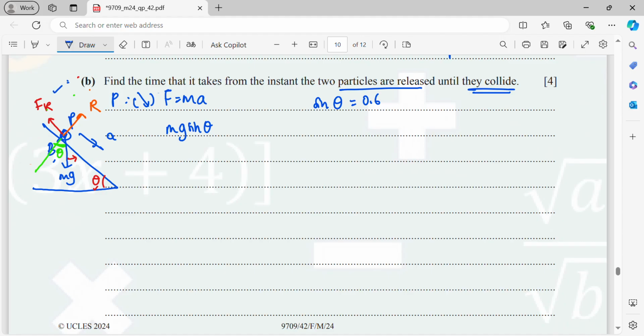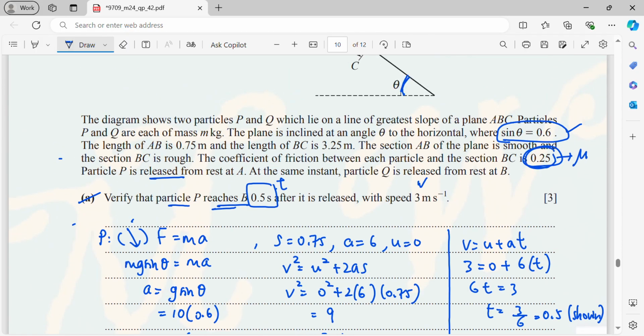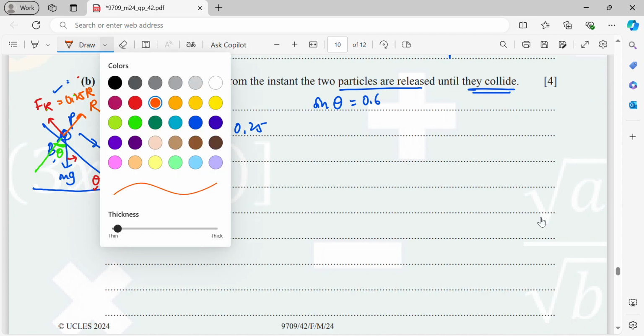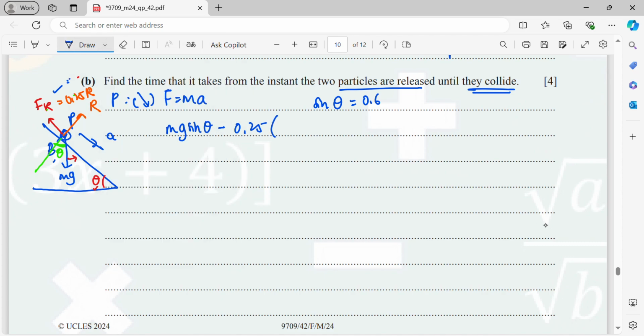And then I have Fr here, so minus Fr. Fr is mu R. Given that mu is 0.25, I will write minus 0.25 R. My R is basically, you resolve this mg perpendicularly to the plane, that is mg cos theta. That equals ma.